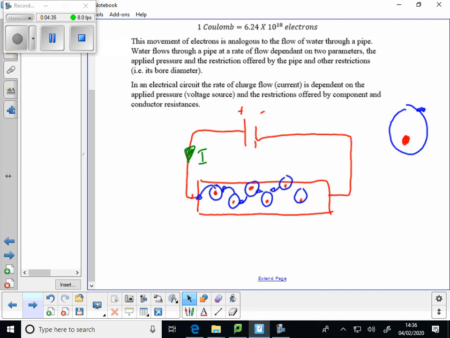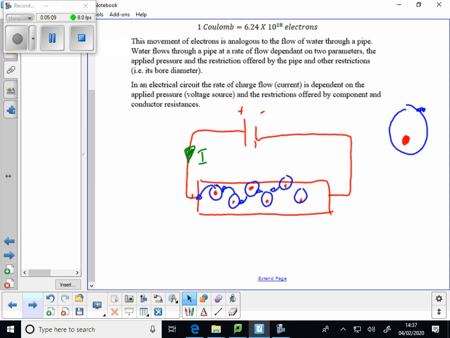When an electron jumps ship, that leaves a hole behind on the copper atom before, so holes are moving in the opposite direction. A single electron will be moving at about this speed. When the electron moves at this end, all move, all the same, just a constant. It's like water through a pipe.